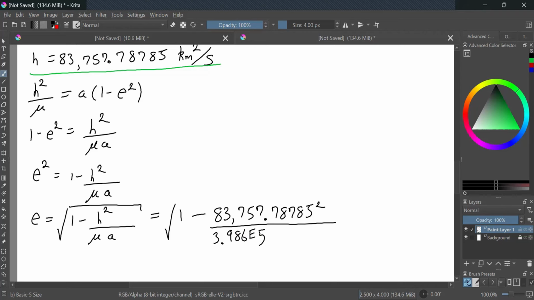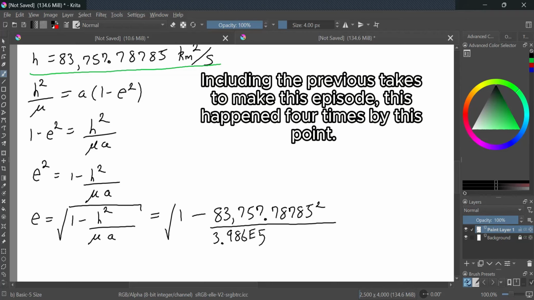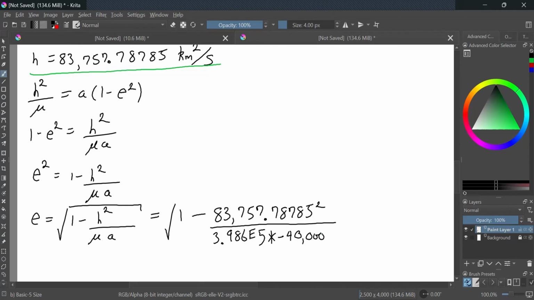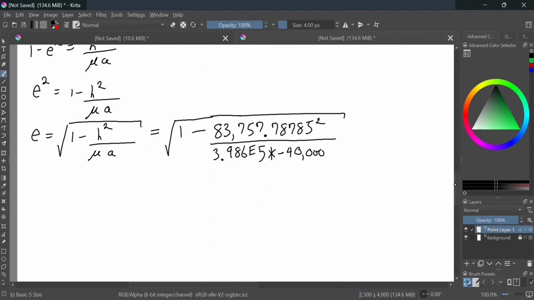Not 10 to the 10th, not 10 to the 15th. Goodness. Minus 40,000 kilometers. And plugging that in, that's going to give you a value that is suspiciously close to 1.2.